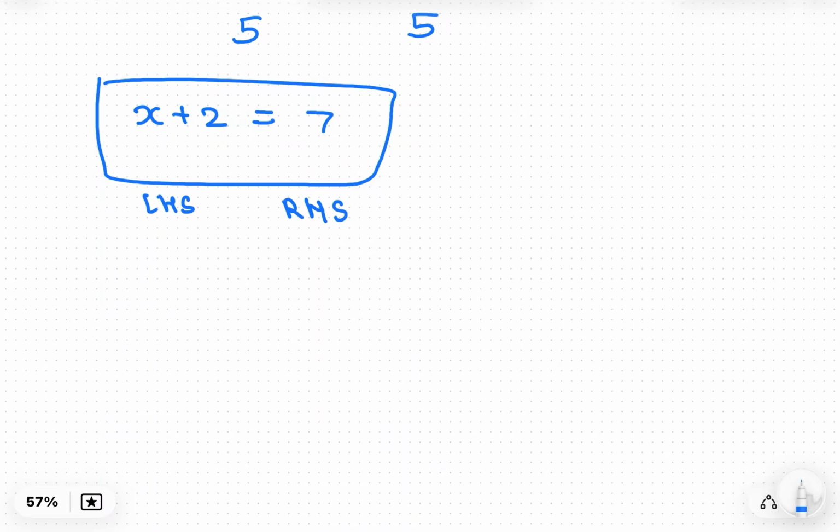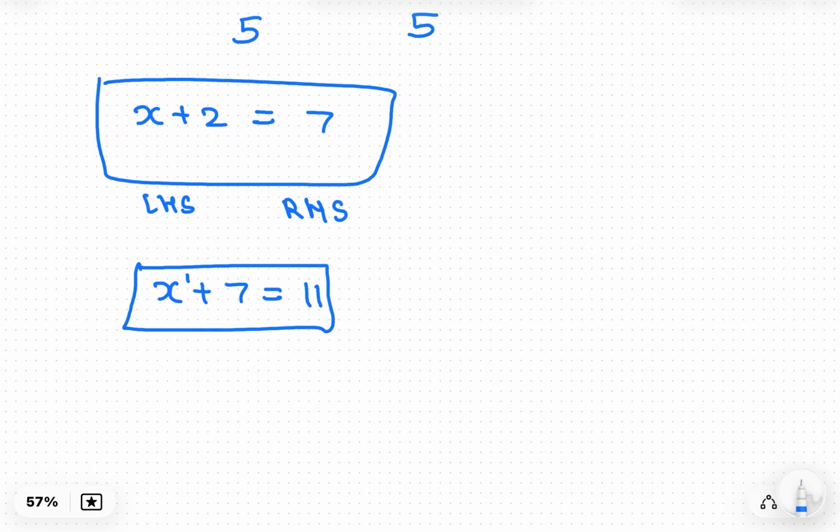Now my question is, what is a linear equation? A linear equation is one where the highest power of the variable is 1. Here in this equation, x plus 7 equals 11, the highest power of the variable x is 1.